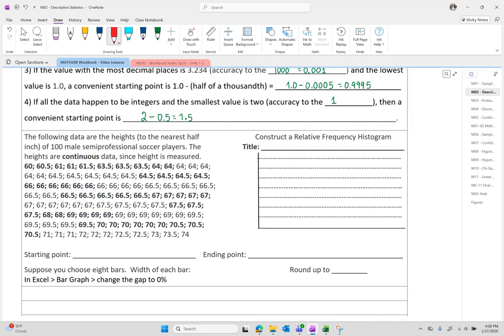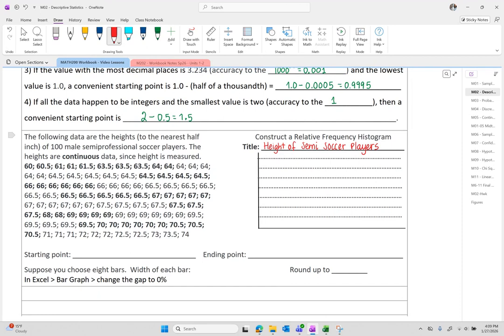So these are heights of male semi-professional soccer players, and they are measured in inches to the nearest half inch. So some of them are decimals.